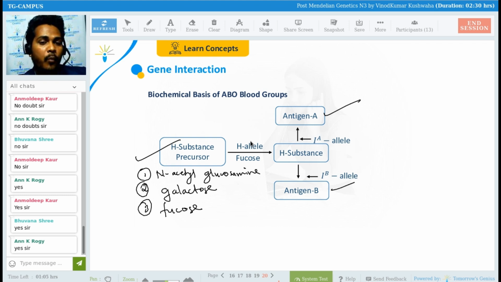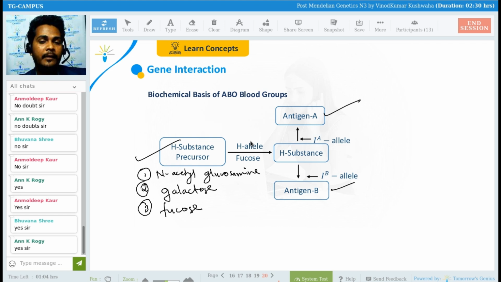So this actually explains why A and B alleles are dominant over IO, and codominant, because a person with both alleles IA and IB has both the antigens. The recessive gene action is the result of absence of enzymes, right? In the heterozygous condition, the functional genes IA and IB mask the effect of the non-functional IO gene.